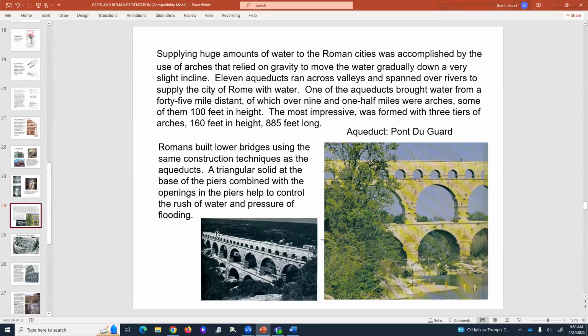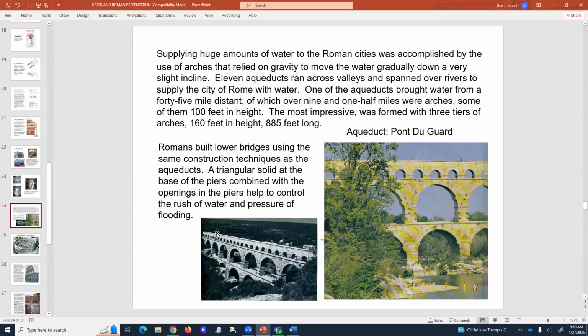Well, this one here was 160 feet in height and 880 feet long. Romans built lower bridges using the same construction. I don't have a picture of it. I used to have a specific picture of this little triangular solid piece at the base of the piers that controlled the rush of the water.